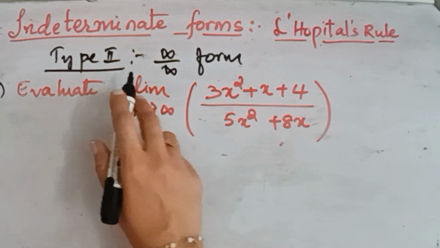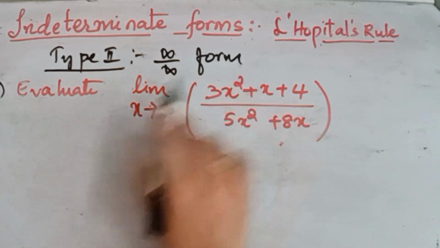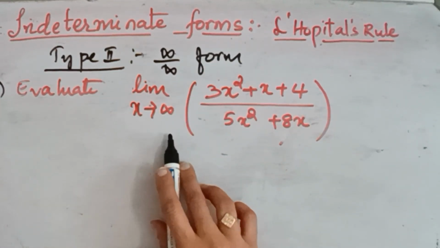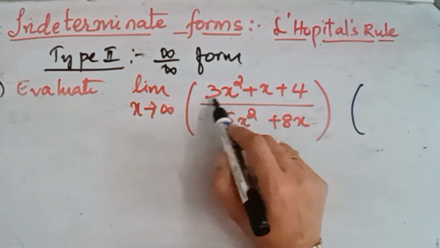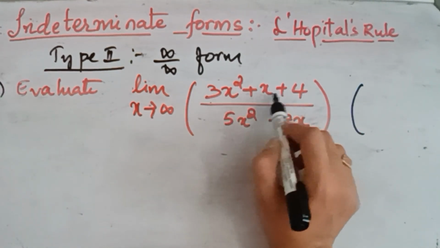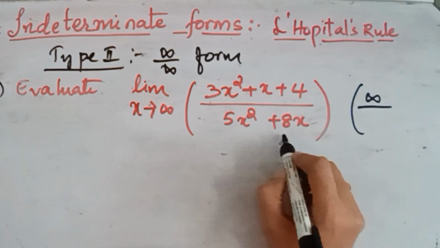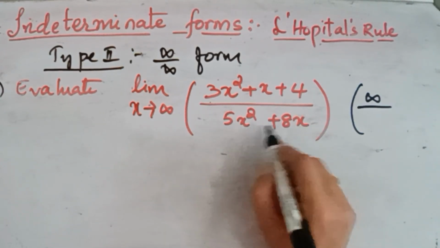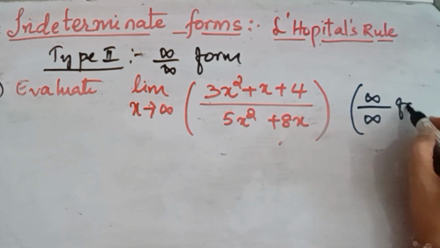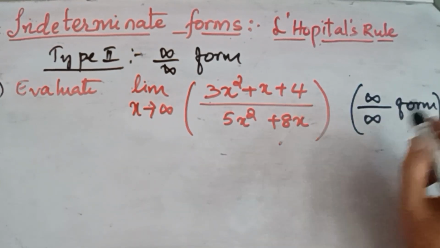See the type 2, infinity by infinity form. So evaluate this limit. When you apply the limit here, 3 infinity square plus infinity plus 4, this value will be infinity, divided by, when you apply the limit as x tends to infinity, this also gives you infinity. So this is infinity by infinity form.